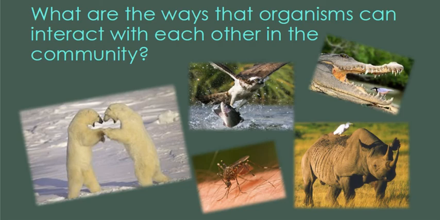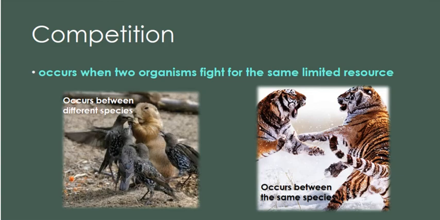So how do organisms interact with each other in a community? The first is competition. This is when two organisms fight over the same limited resource. This could be between different species, or it could be between the same species.